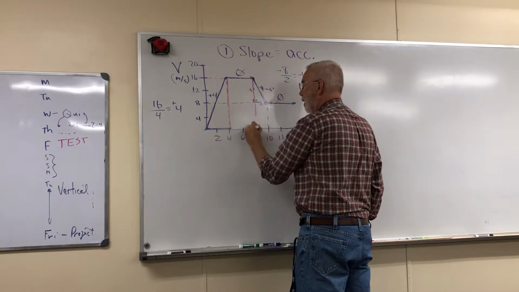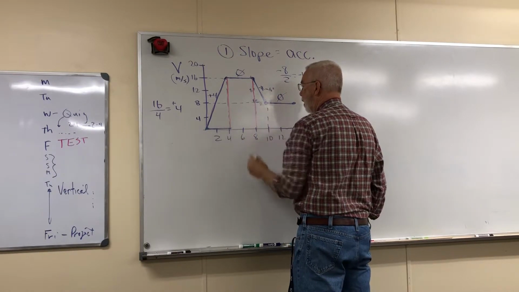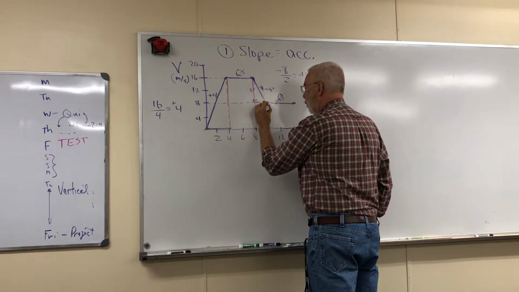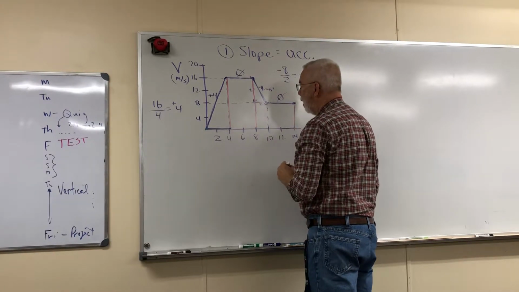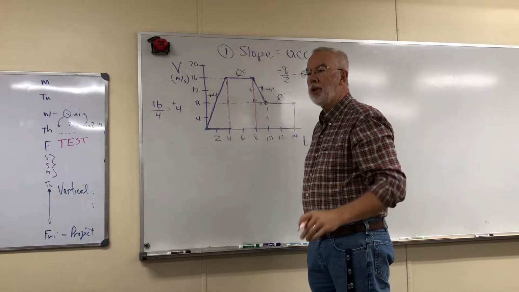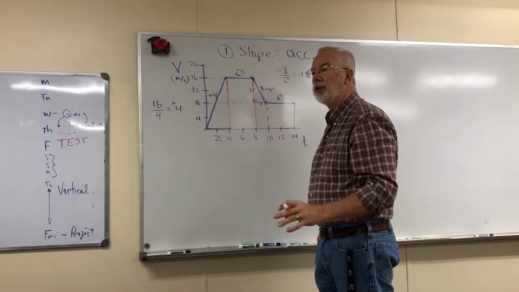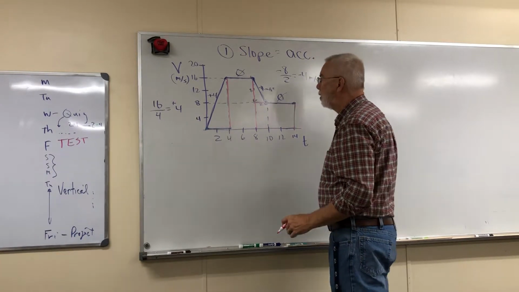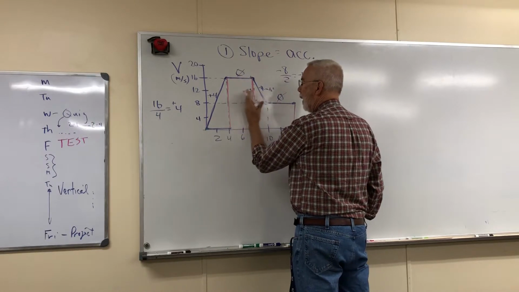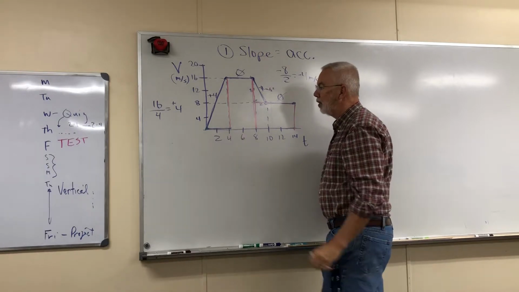If we come down here, you can see that we formed a rectangle. And let's suppose the question on the worksheet says, what was the total distance traveled in the first 8 seconds? So we're interested in all of this space underneath the line for the first 8 seconds.